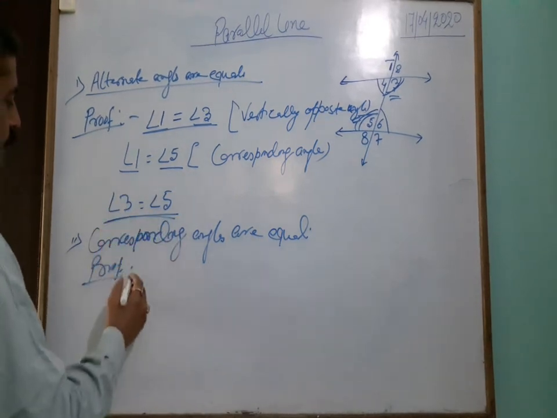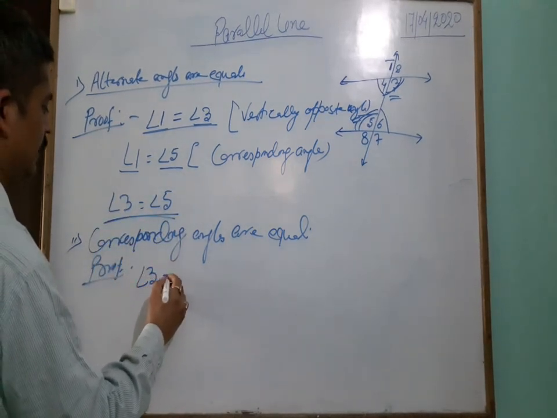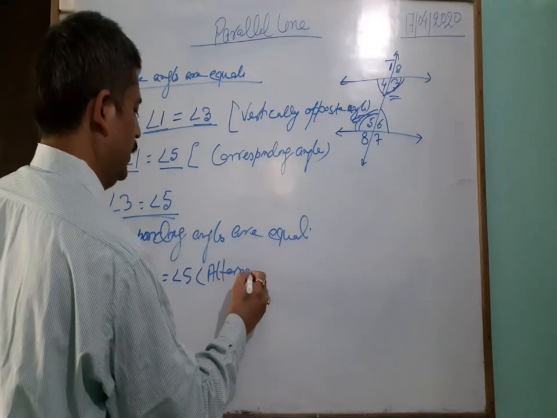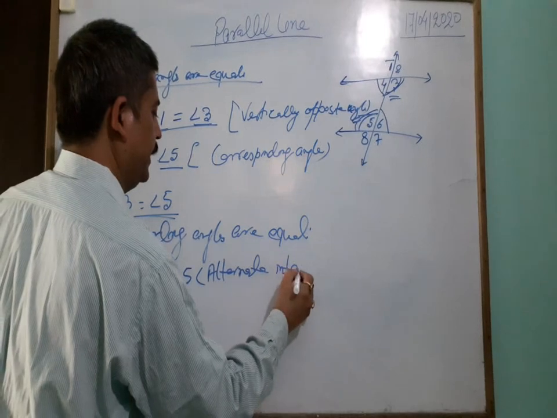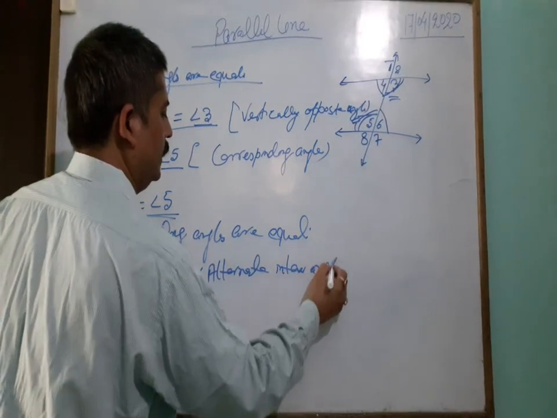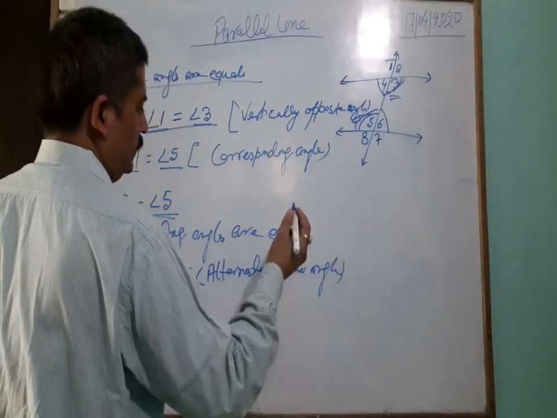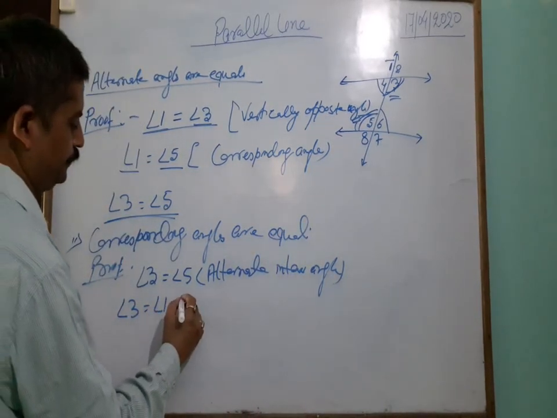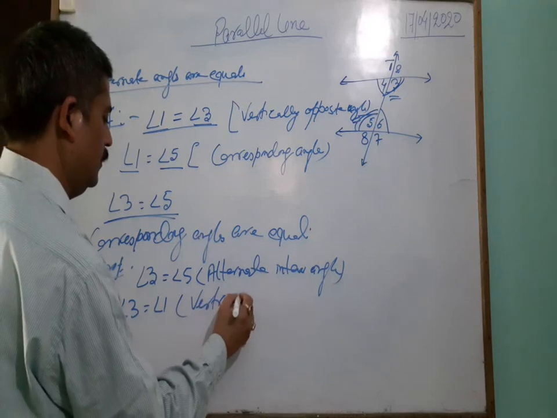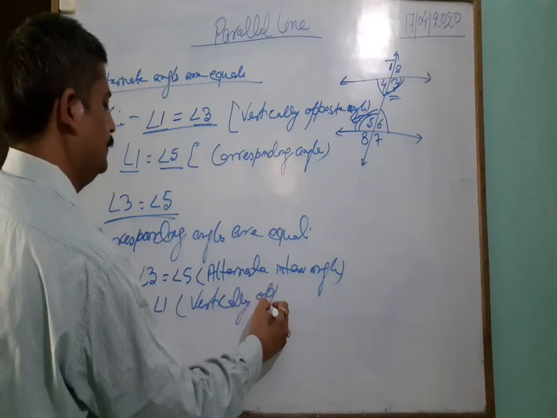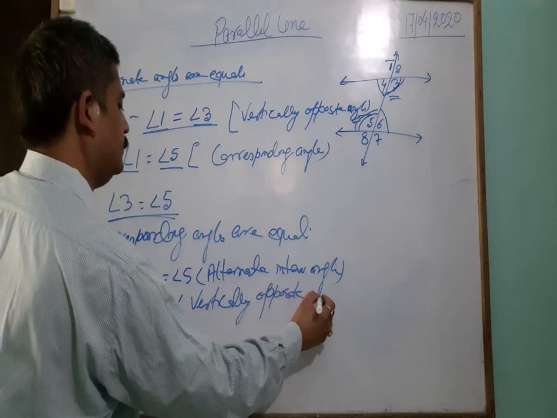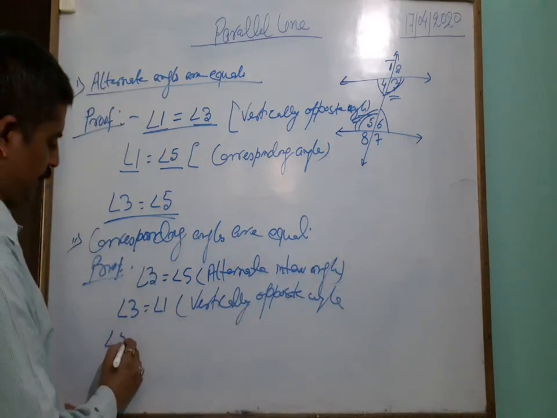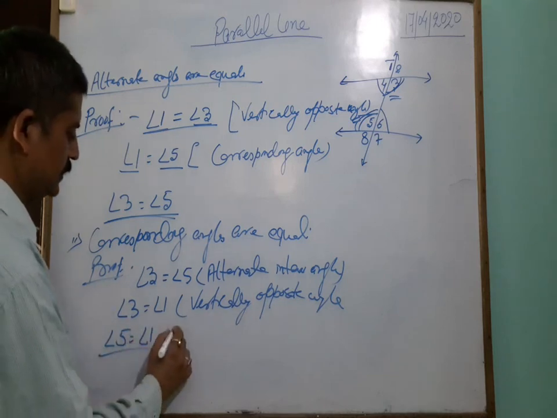To prove that, from the above proof angle 3 is equal to angle 5, alternate interior angles, and angle 3 is equal to angle 1, vertically opposite angles. So angle 5 equals angle 1, which is the corresponding angle.